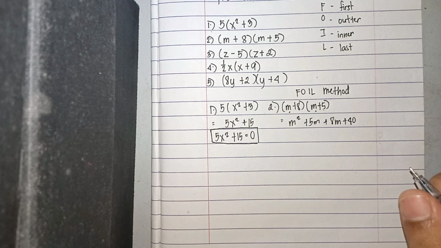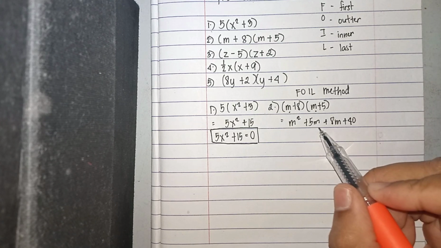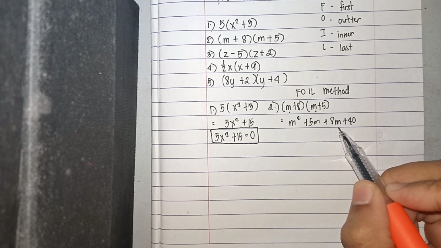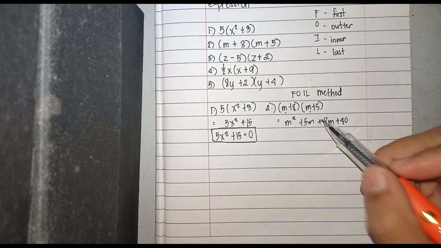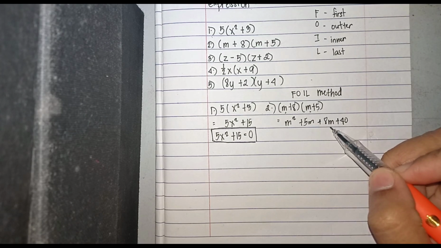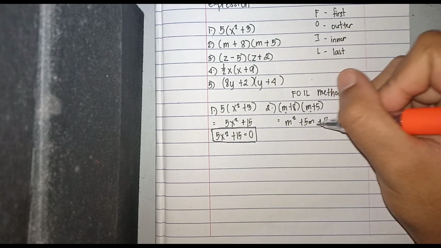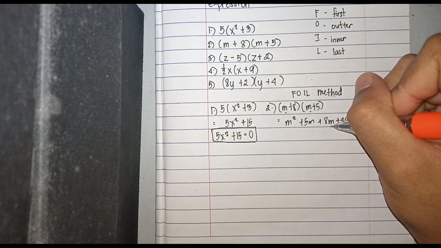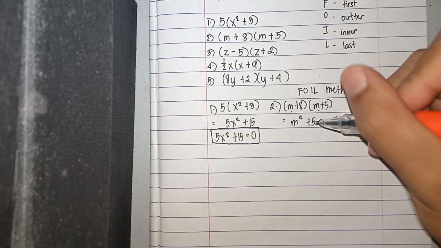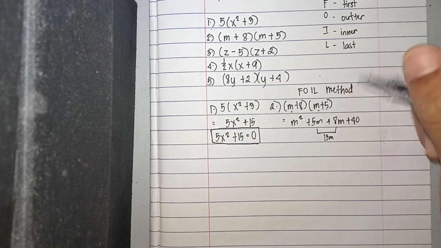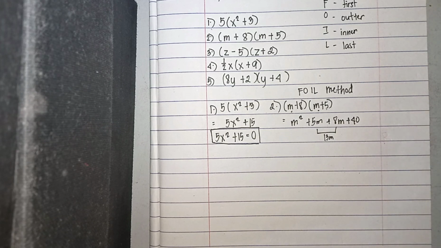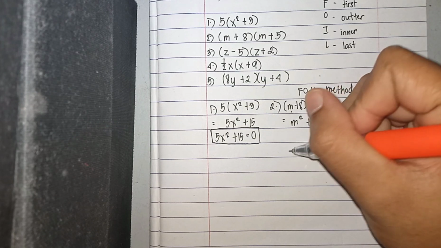Let us simplify this equation because 5m and 8m can be added because they have the same variable. So 5m plus 8m is equals to 13m. Then copy the remaining variables and numbers.